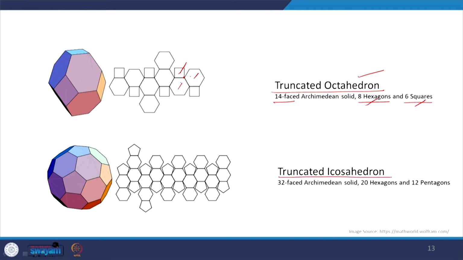Now, truncated icosahedron. What was an icosahedron? We had 20 equilateral triangular surfaces, such that at each point we have 5 triangles coming together. Now, if we truncate each of the points on the icosahedron, we are going to get a pentagon. So, instead of the points, now we have the pentagon, and the triangle has now been truncated to result in a hexagon.